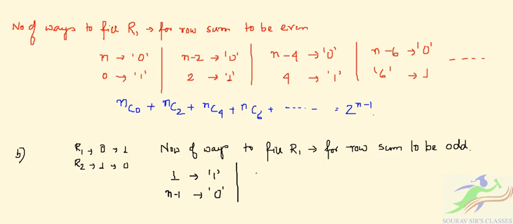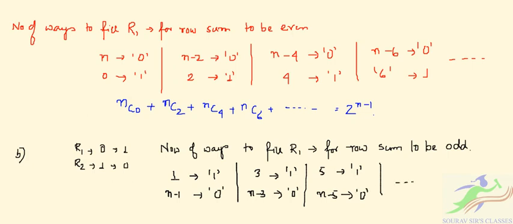Now for three 1s we have n minus 3 zeros. Similarly for five 1s we have n minus 5 zeros, and it will go like this.